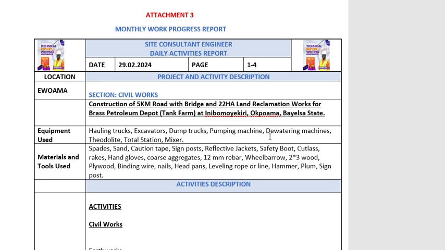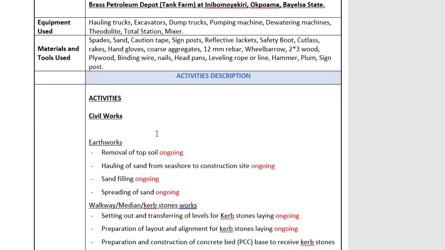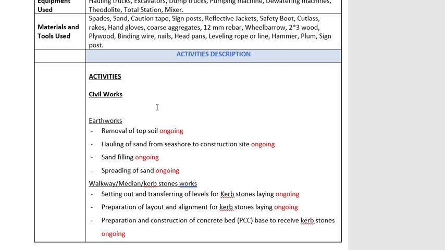You capture all the equipment that you see on site. That's why, for you to write a proper technical report, you must visit the site. When you visit the site, take inventory of all the equipment on site that you saw. Then the materials that you saw, state all the materials. Then you begin to describe the activities that are ongoing on the project site.